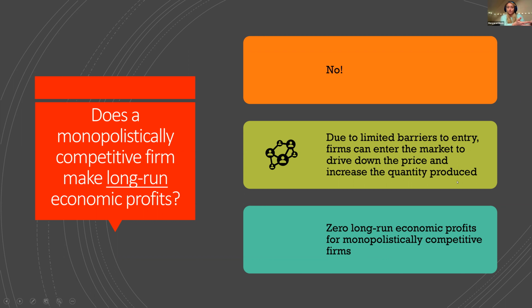So in the short term, a monopolistically competitive firm kind of behaves like a monopoly. In the long term, monopolistically competitive firms kind of end up like perfectly competitive firms. So because of this increased competition over time, monopolistically competitive firms earn zero long-run economic profits.